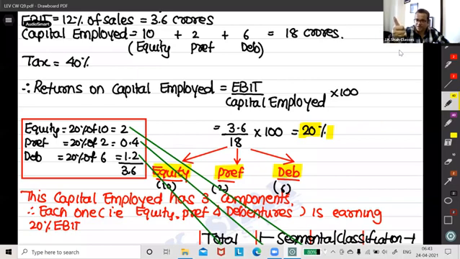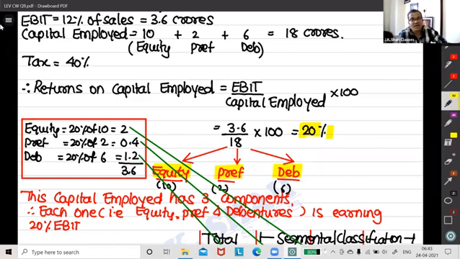Sure, right? So 20% of 10, 20% of 2. Equity is 10, preference is 2, debenture is 6.